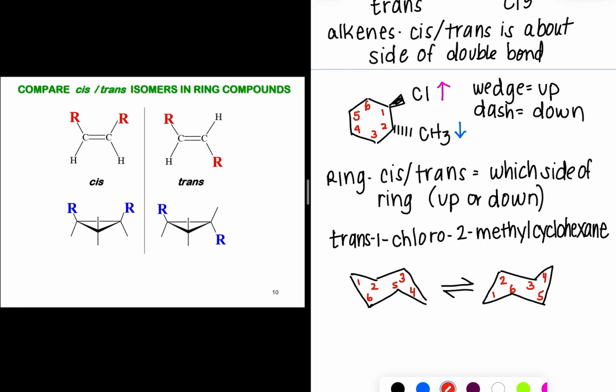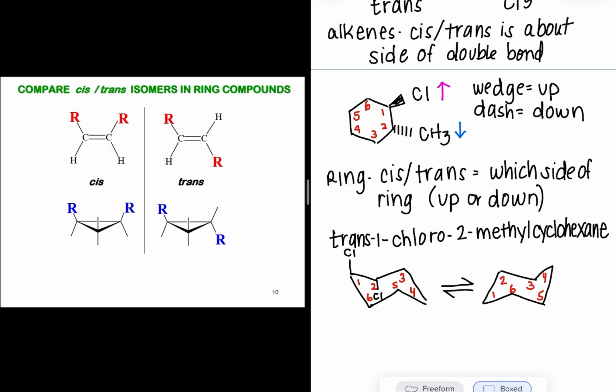And I have a chlorine that needs to be facing up. So that's going to be axial on my left chair. And then I have a methyl that's going to be facing down. That needs to be down axial on my position 2.